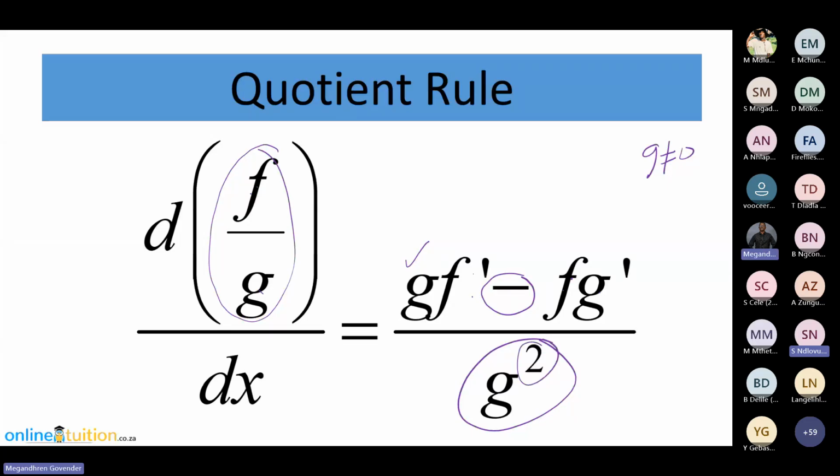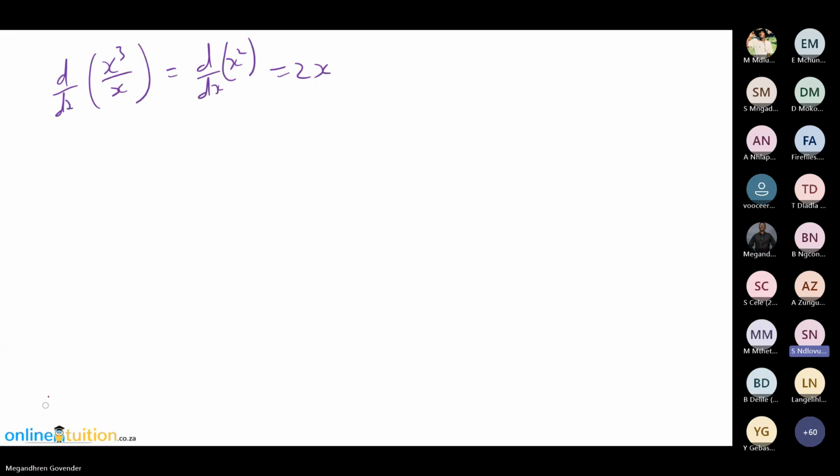Okay, so if I had to go, let's write this out, d/dx, let's just take something, x cubed over x. You're going to tell me, but that's silly because this is d/dx of what? What's x cubed over x? It's x squared, and the derivative we know is 2x. Okay, but let's treat this as a quotient. So what is d/dx of x cubed over x, where we treat them as two separate functions?